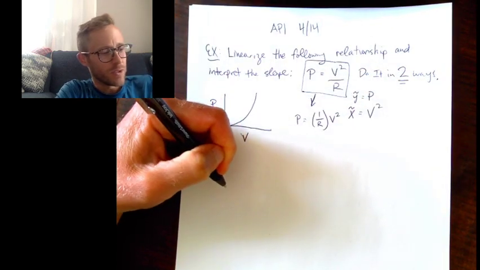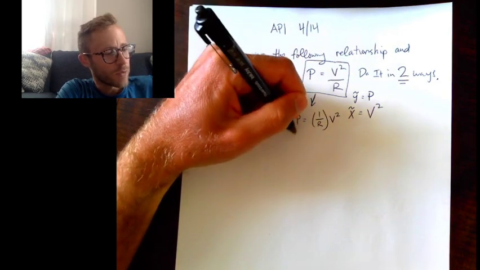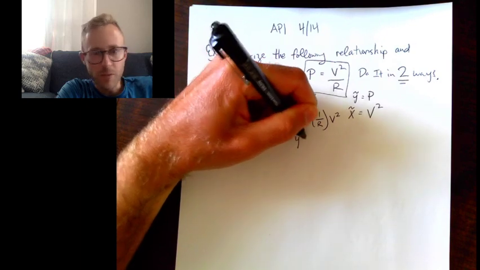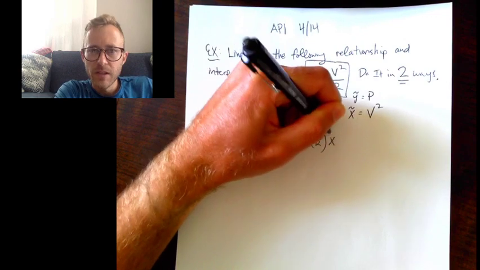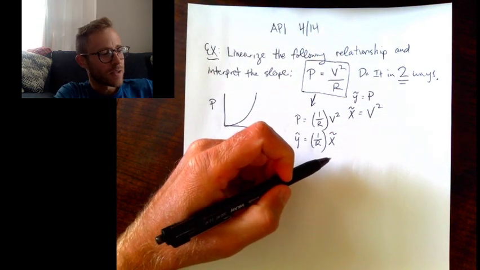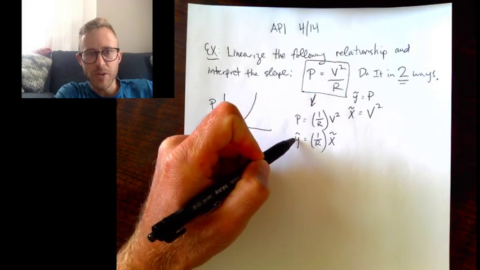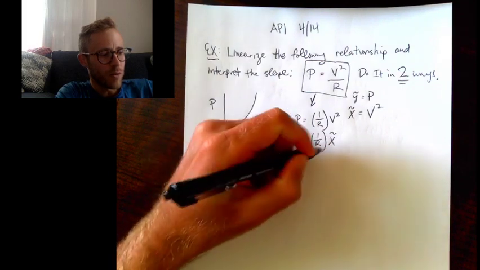Then that would put this relationship into the form Y squiggle equals 1 over R times X squiggle. This is the equation of a line because it's Y equals something times X. So we can see that the slope would be 1 over R.